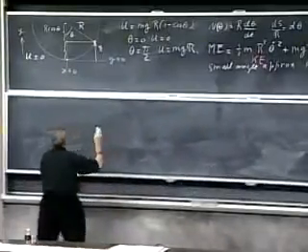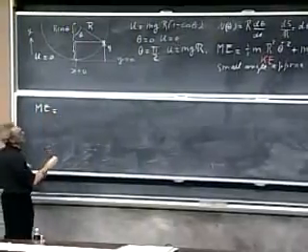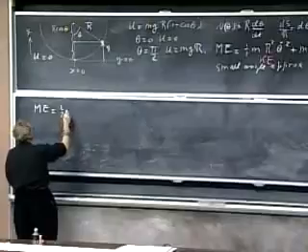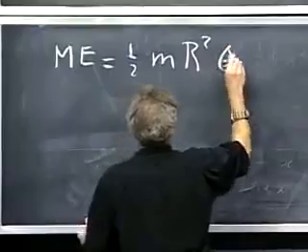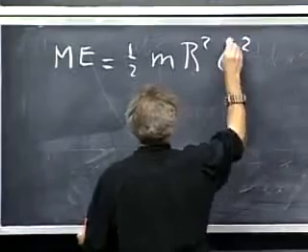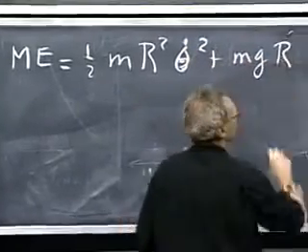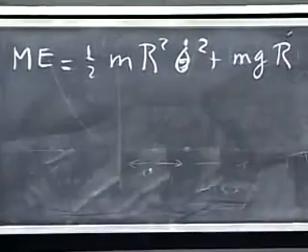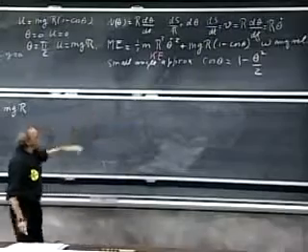So we're going to get that the mechanical energy, which is not changing, equals 1/2 m r squared theta dot squared plus mgr. Cosine theta becomes 1 minus theta squared over 2. So we have a minus times minus becomes plus.